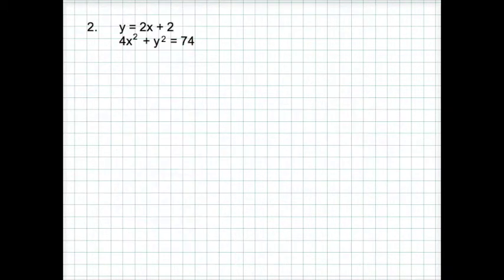Question 2 then now. Exactly the same type of thing here. We've got no rearranging to do because we've already got y as the subject. So we've got to replace now 2x plus 2 in place of y here. Again, we've got to multiply out the brackets. So we've got 2x plus 2, which we're putting in place of the y here, and we have to square it, which is 2x plus 2 times 2x plus 2.